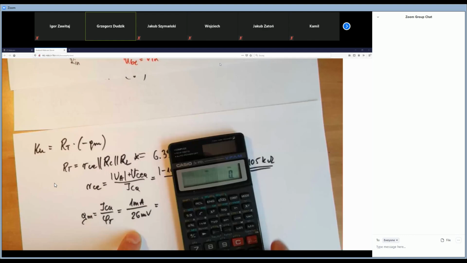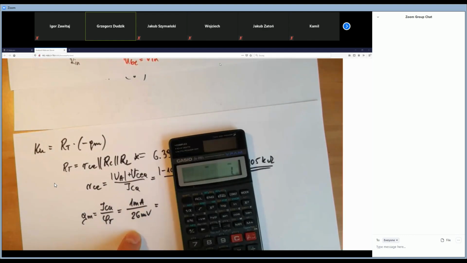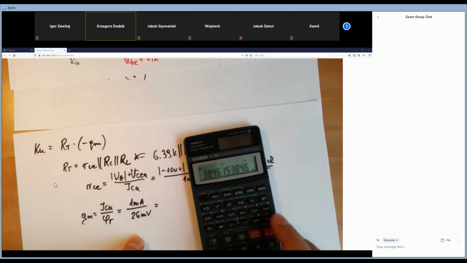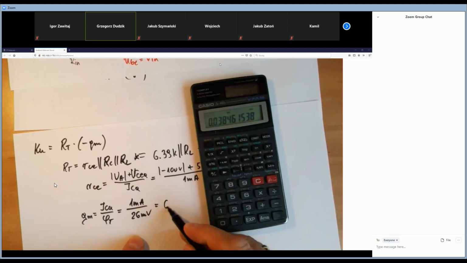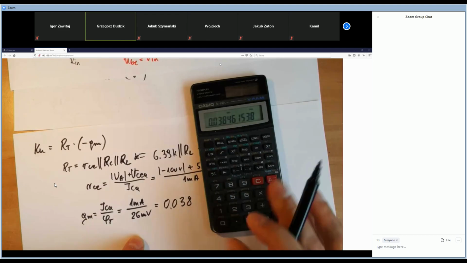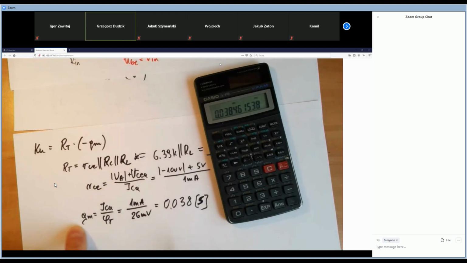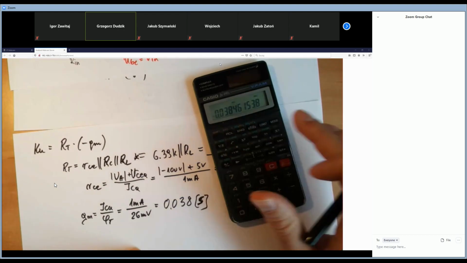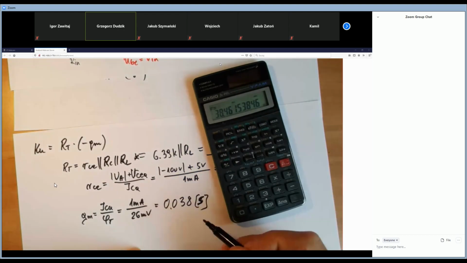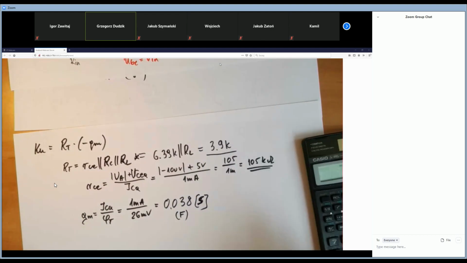So 1 milli over 26 milli is 0.038 Siemens. That's the transconductance. I have to write it down. We've got the GM.